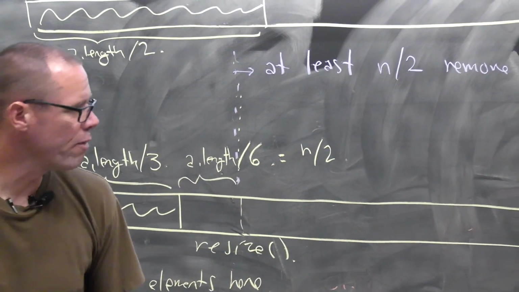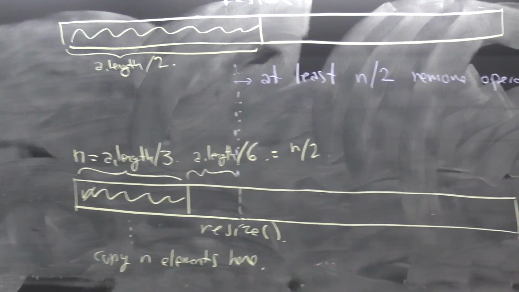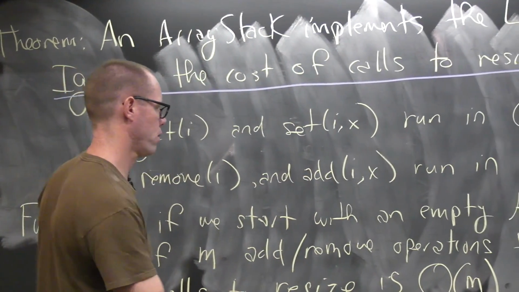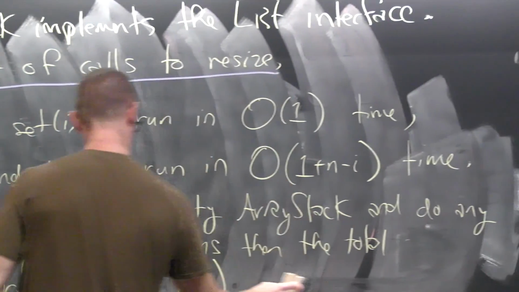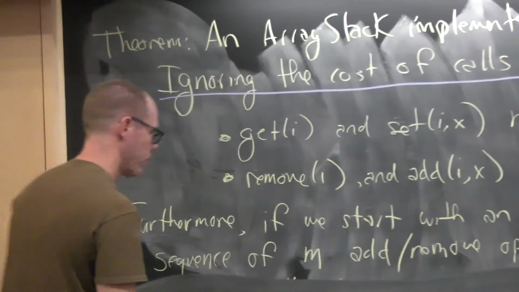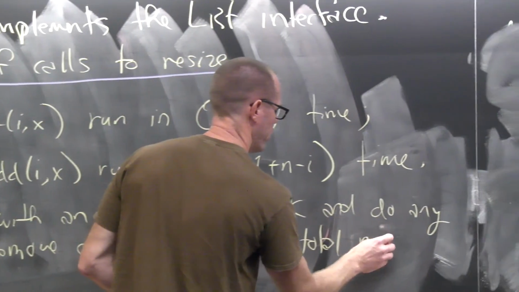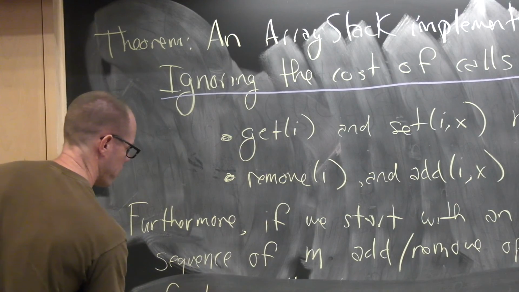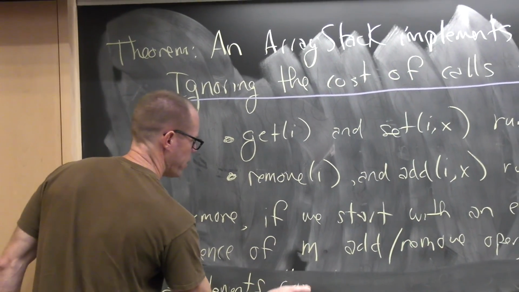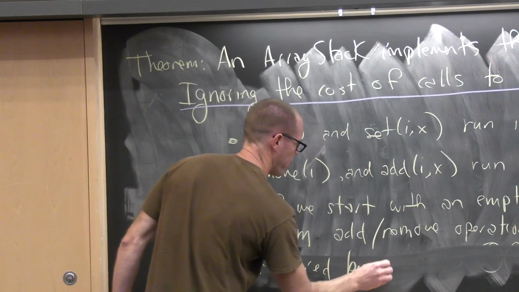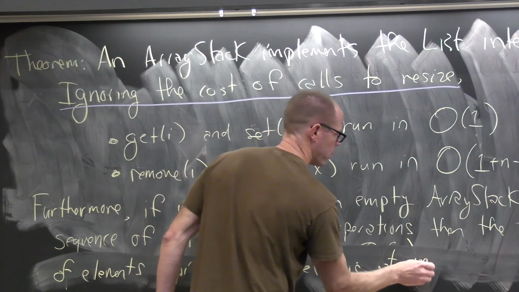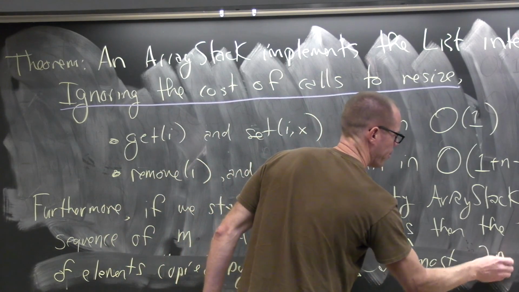So if we write this more specifically, if you don't like this O of m, you can say: during a sequence of m add and remove operations, the total number of elements copied by resize is at most 2m.